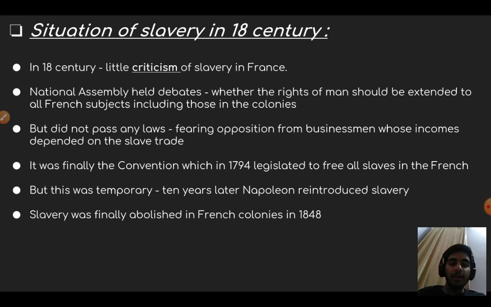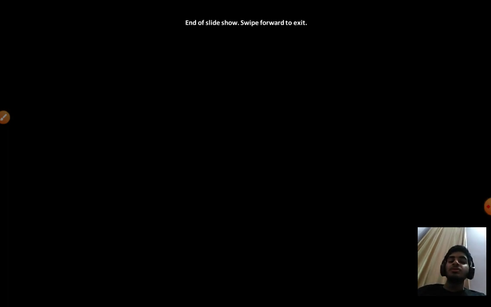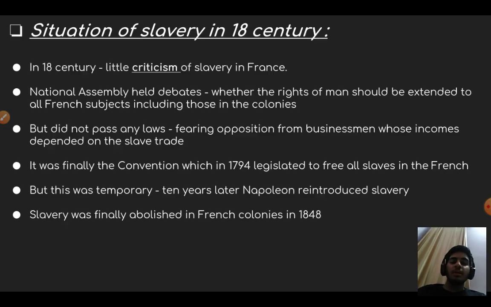But finally, slavery was abolished in the French colonies in 1848. In 1848 there was a total ban on the slave trade, and after 1848 no slave trade was allowed.